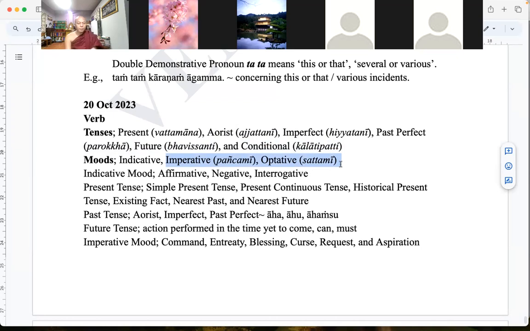Only indicative is new. Indicative is not just the present tense; maybe past tense or future tense also can be. The indicative mood is based on affirmative sense. If we use present tense, past tense or future tense in an affirmative sense or just as a statement, at that time it can be called indicative.